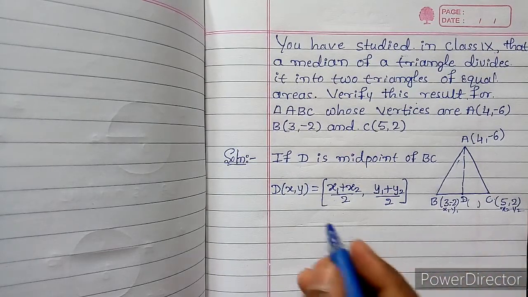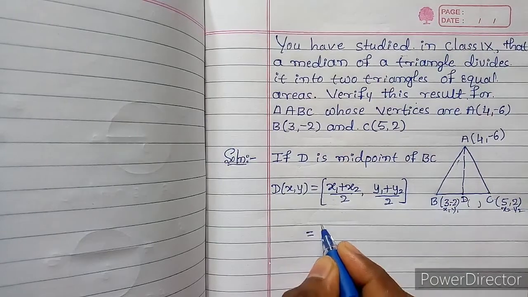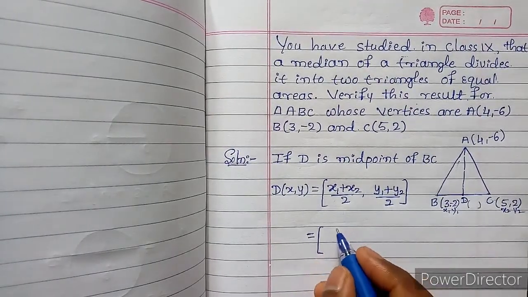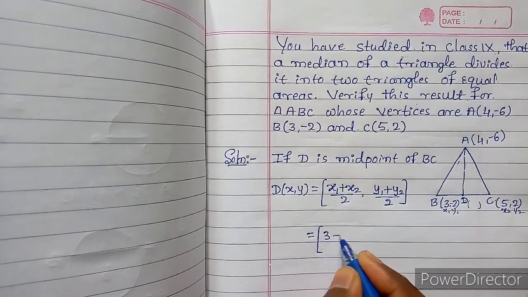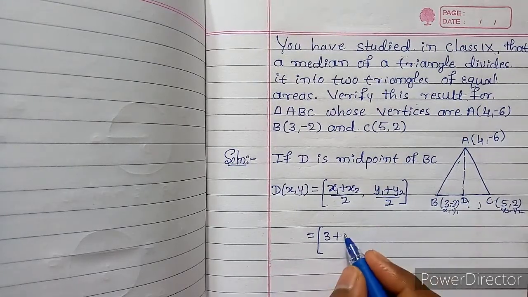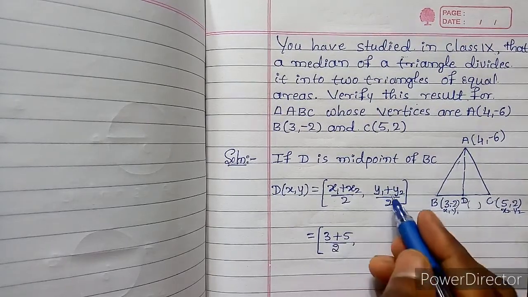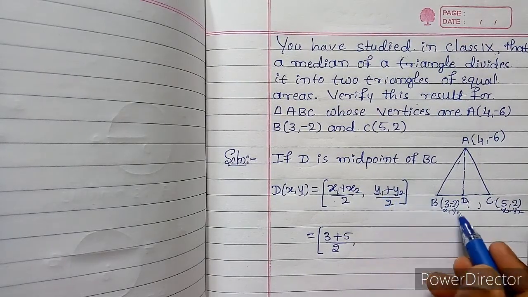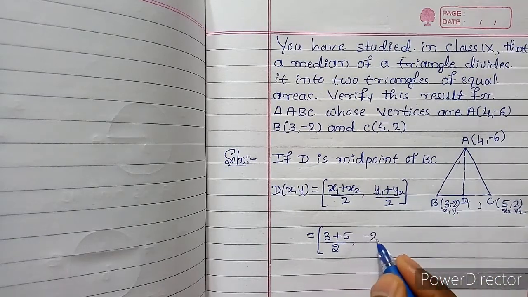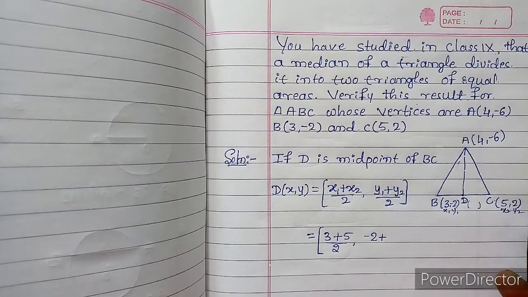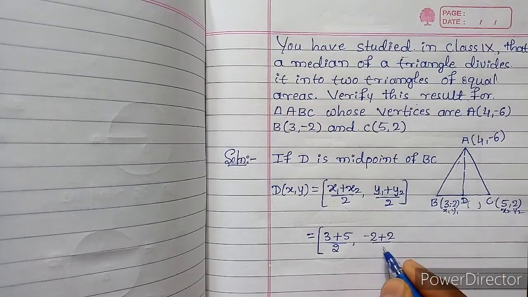Then D of x comma y is equal to the value of x1 is 3 plus the value of x2 is 5, 3 plus 5 divided by 2, comma the value of y1 is minus 2 plus the value of y2 is 2, divided by 2.